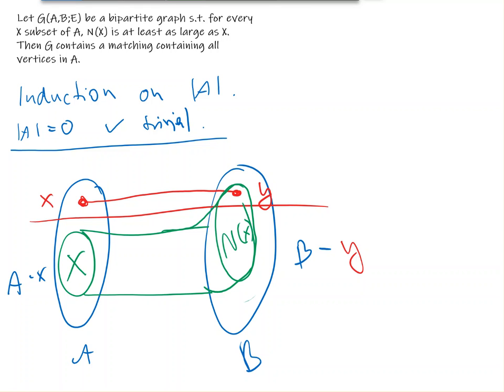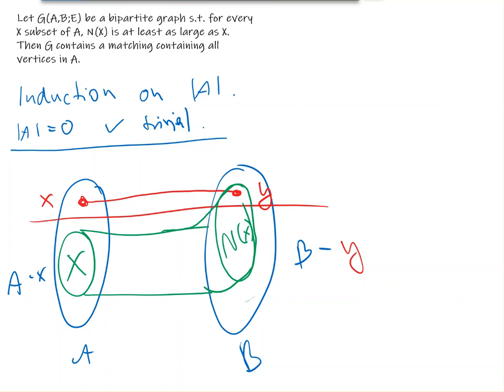We could have a set X that does not contain little x. The neighborhood of X does contain the vertex y, and the neighborhood of X is exactly the size of X. In this case, we still satisfy Hall's condition in the original graph, but the smaller graph where we removed the vertex x and the vertex y does not fulfill Hall's condition anymore. So then there is a problem.